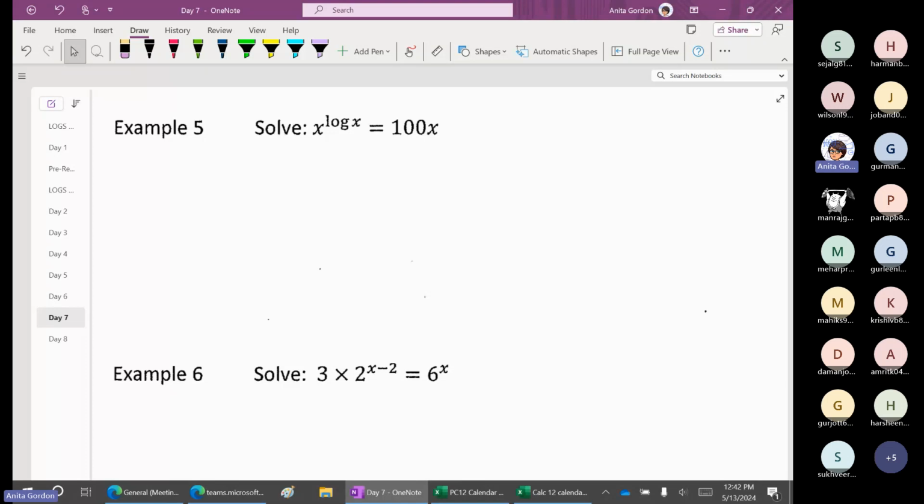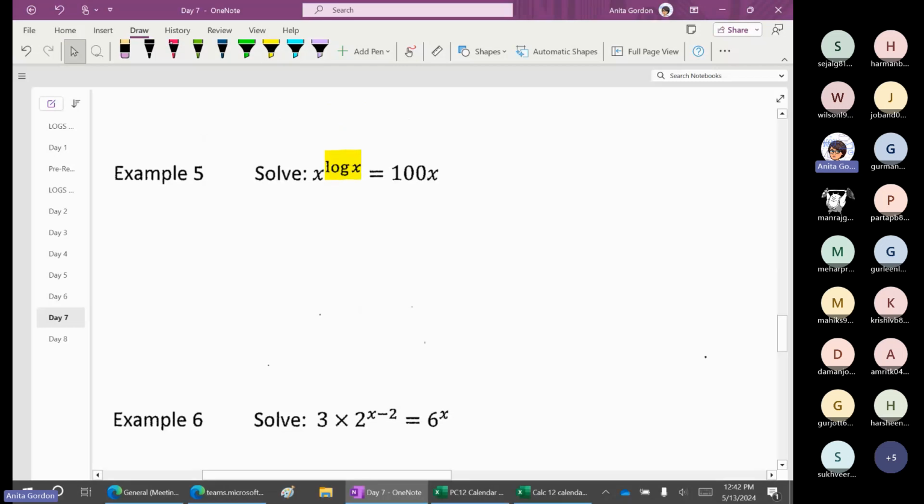I am starting with an exponential. It happens to be that my exponential has a log in it, but I'm starting with an exponential that has a restriction. My restriction here is that x has to be a positive number. Okay.